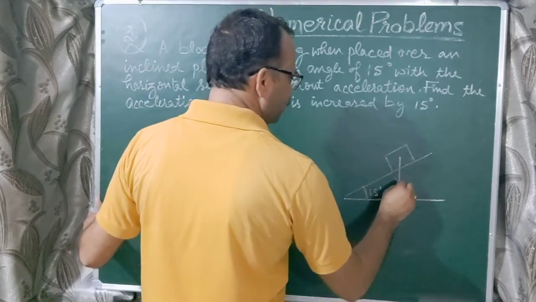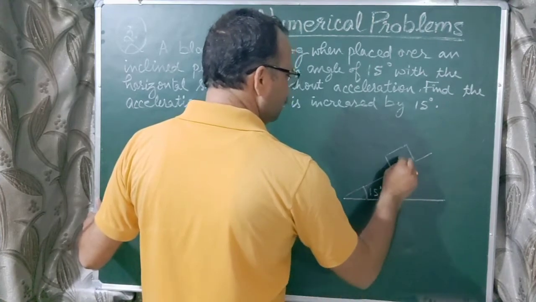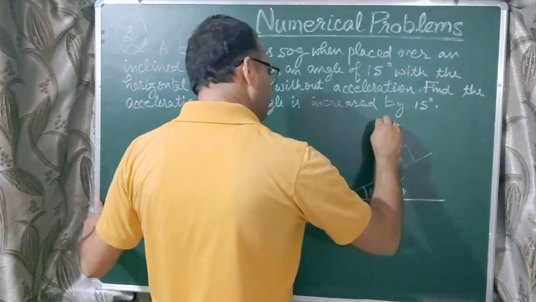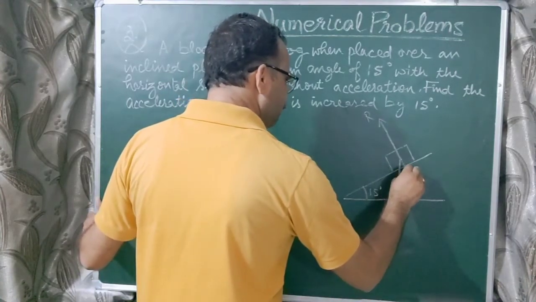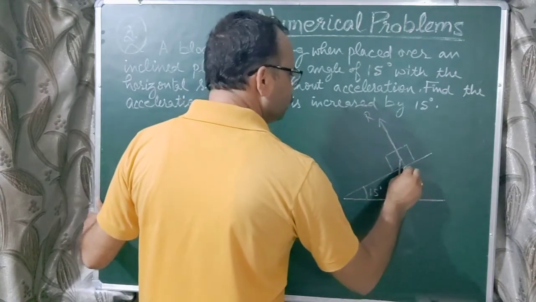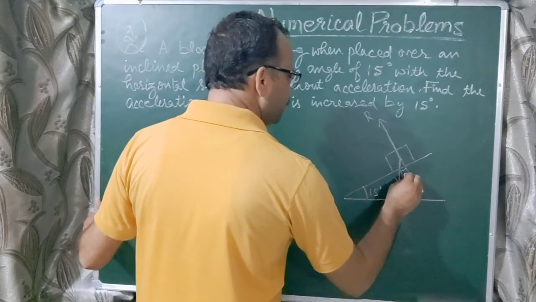The weight of this body always acts downward, the reaction perpendicular to the surface upward, and on extending this line in the backward direction, this angle is also equal to 15 degree.